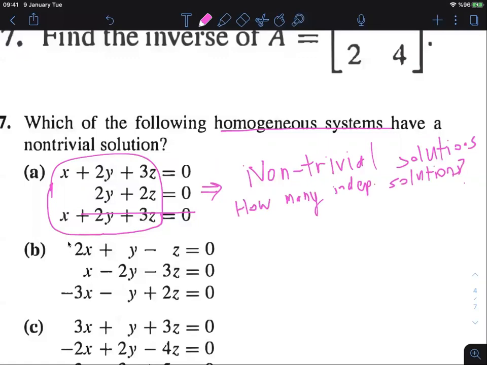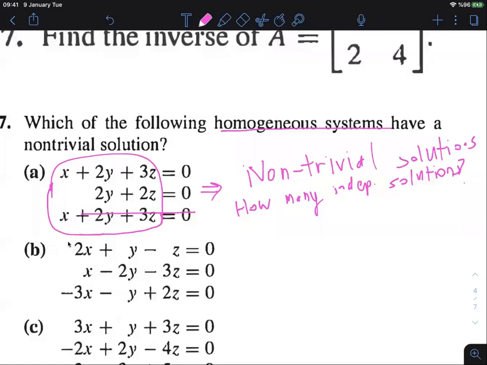There are infinitely many solutions, but how many independent solutions are there?